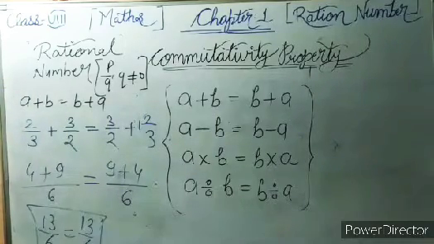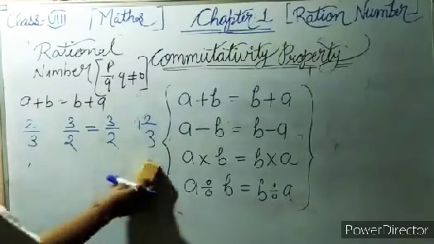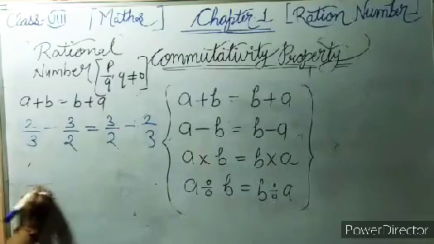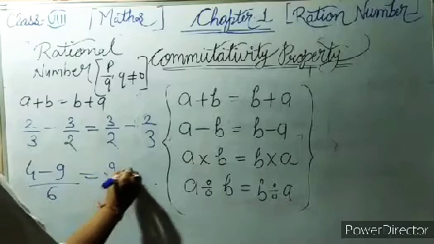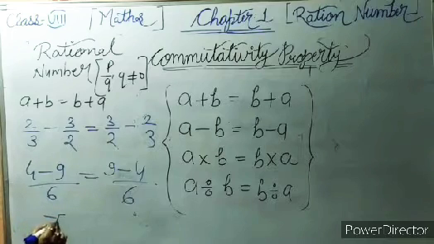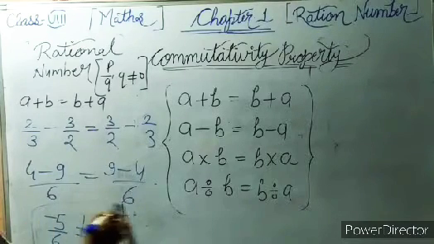Okay, you see here, if we put a minus here, we will get 4 minus 9 and 9 minus 4 over 6. You see, 4 minus 9 and 9 minus 4, we will get minus 5 divided by 6 and 5 divided by 6. It is not equal.